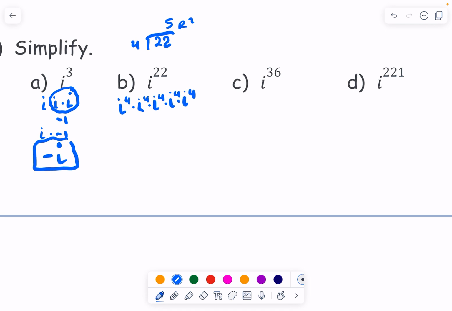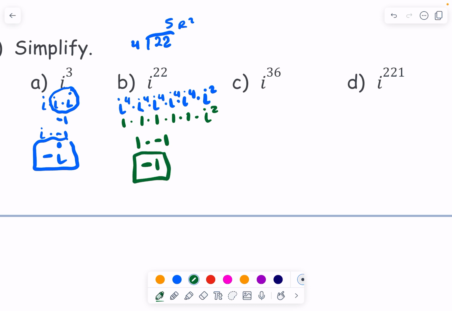So there's the 20, and then the leftovers. Well, all these 4s don't really mean anything, because I'm just going 1 times 1 times 1 times 1. The one that means something is that leftover. So this is just i squared. Well, do we leave i squared? Nope. We know i squared is -1. So this is going to be 1 times -1, or -1.